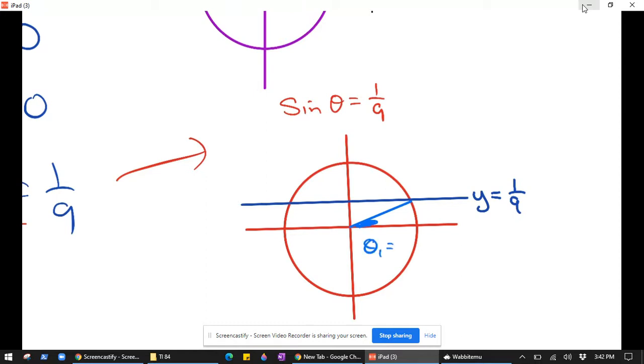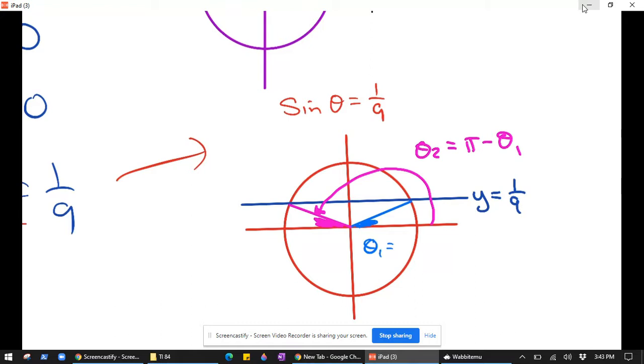So theta 1 equals that angle. And then our second answer is going to come from this angle here. That is 180 degrees, but we're in radians, so I have to use pi: pi radians minus whatever we get for theta 1. And again, that's because this angle here is congruent to theta 1.